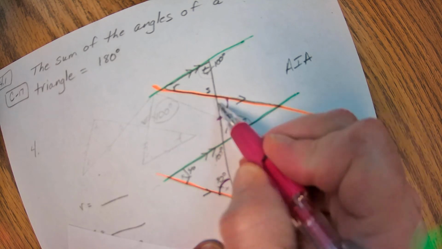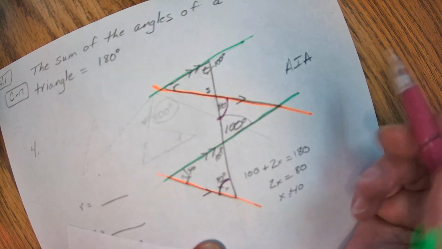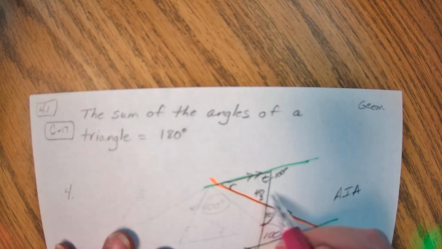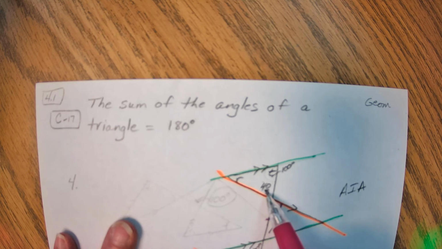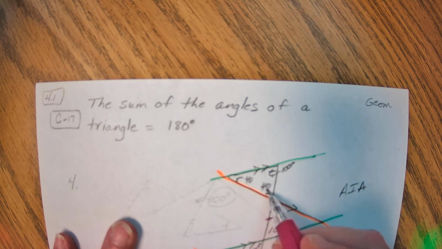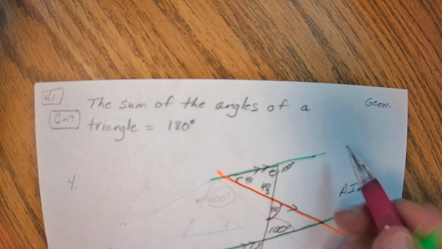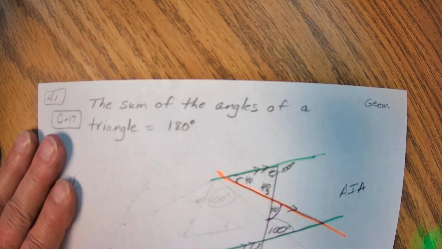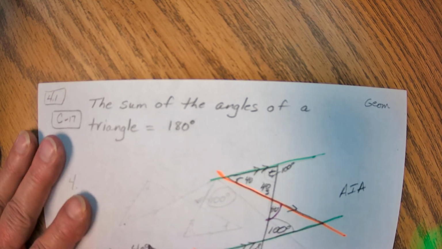So if this is 40, so is this one. If this is 40, so is S, because those are vertical angles. If this is 40 and this is 100, this has to be 40 also, because 40 plus 100 is 180. So that shows us that S is 40 and R is 40.